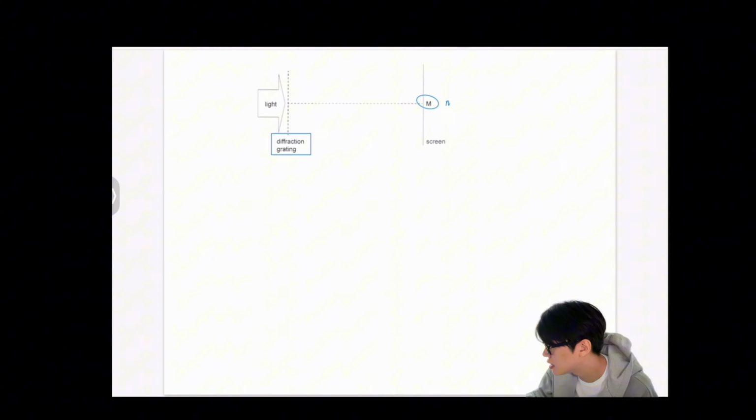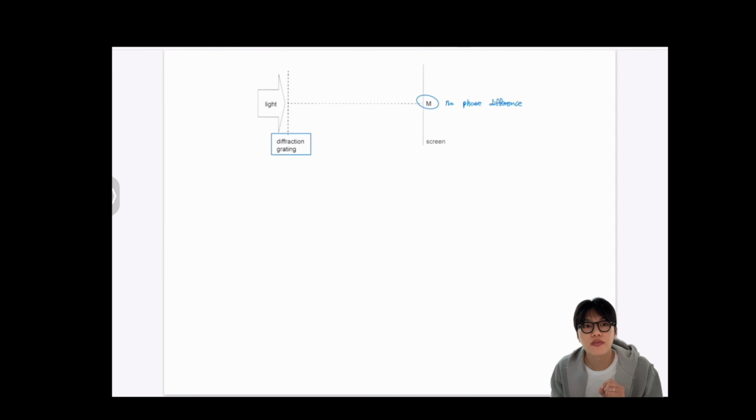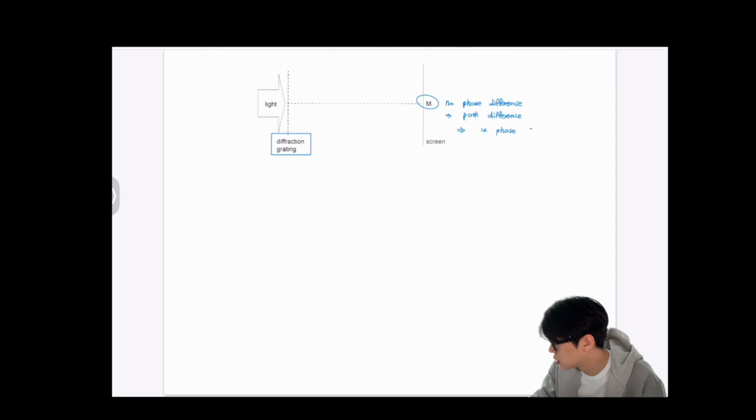Because there is no path difference or phase difference. Okay, so if there is no path difference or phase difference, that means they are in phase, right? Because their phase difference is equal to 0, which means that constructive interference happens. Okay, so that's question C.